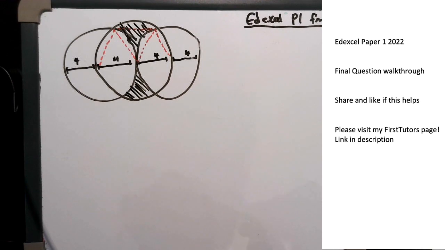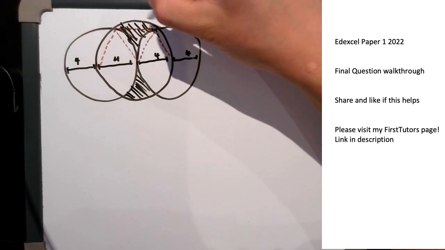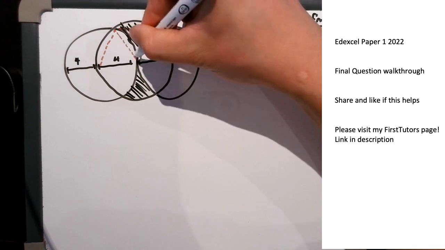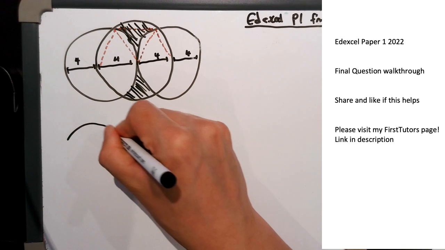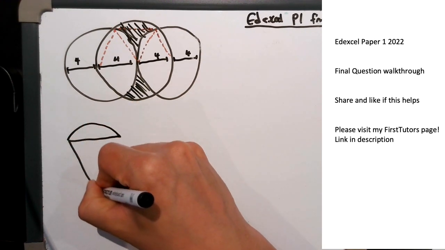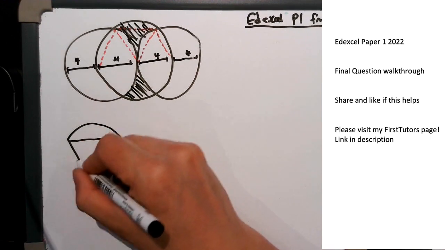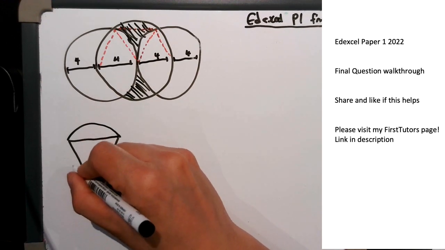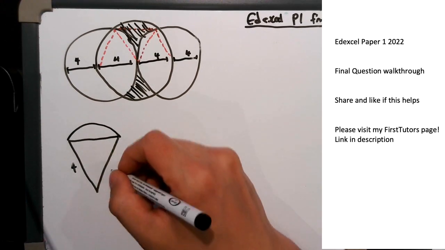So I'll draw out just this part, this sector and segment, by itself in isolation first. So what information have we got here? This is an equilateral triangle in the middle, and these two are the radii, but I'll just keep it at 4 as shorthand.